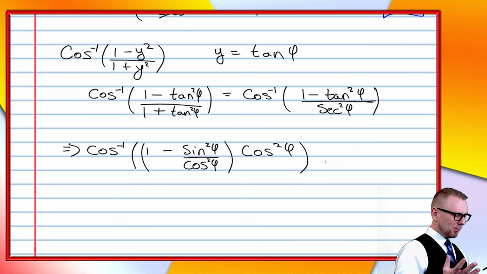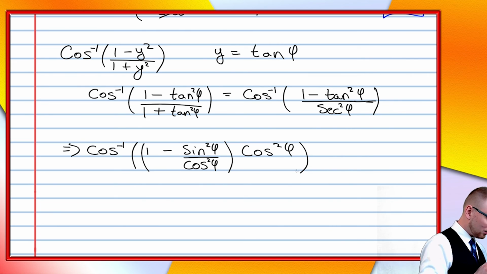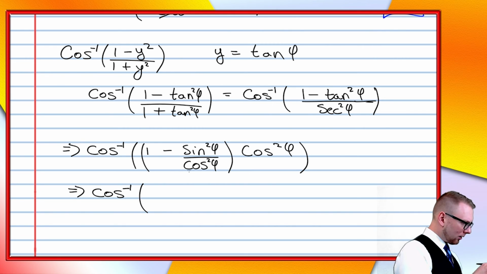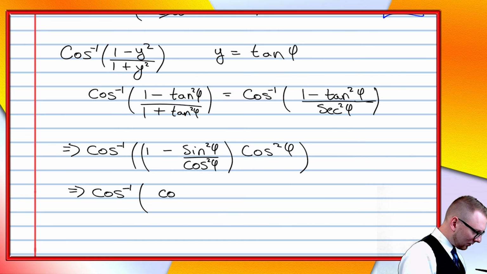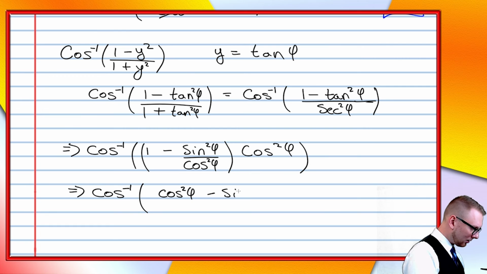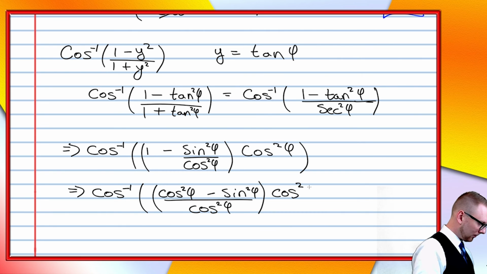So we got a bit of a problem here. We need a common denominator. So cosine inverse of cosine squared phi minus sine squared phi over cos squared phi. Now we can do some cancellation. Boom. Gone.